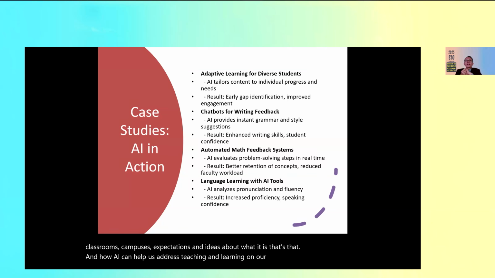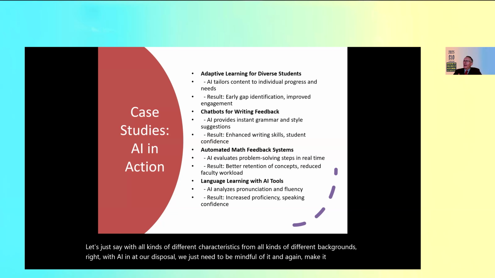First of all, there is adaptive learning for diverse students. We have students with all kinds of different characteristics from all kinds of different backgrounds, right? With AI at our disposal, we just need to be mindful of it, and make it available.